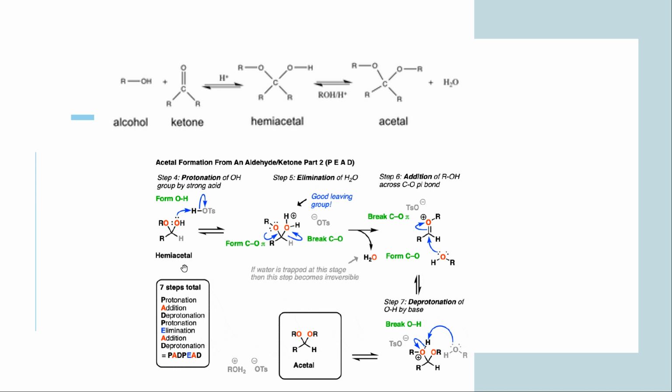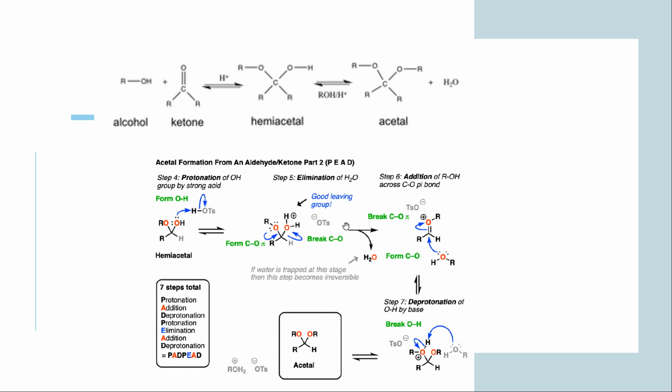Here is the hemiacetal, and in the subsequent step, in presence of acid, this oxonium is forming. An electron push from this alkoxide will lead to elimination of water molecule, which is a very good leaving group.